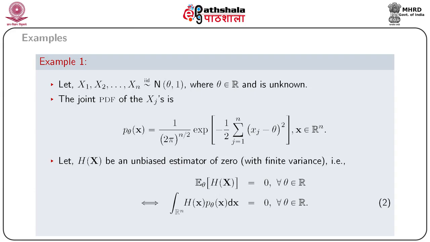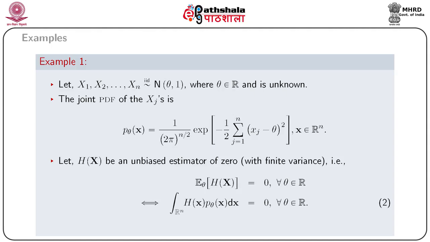The joint PDF of X1, X2, ..., Xn is given by f_θ(x) = (1/(2π)^(n/2)) e^(−½ Σ_{i=1}^n (xi − θ)²), xi belongs to the real line for all i.